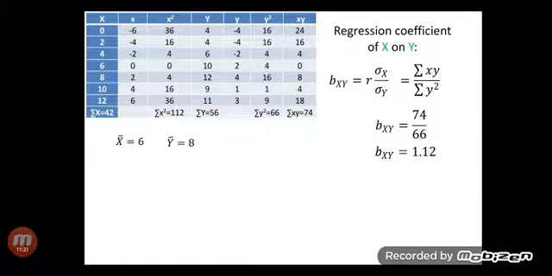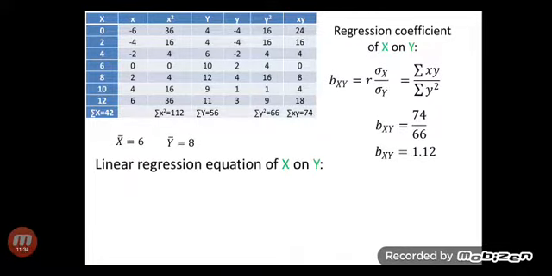So we get 1.12, that is, the regression coefficient of x on y is found to be 1.12.